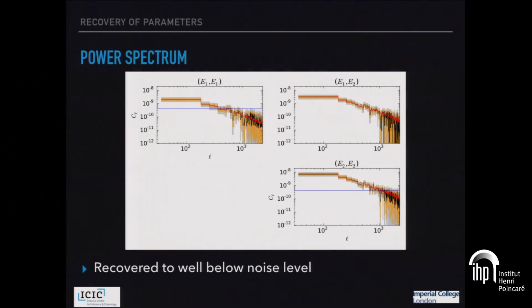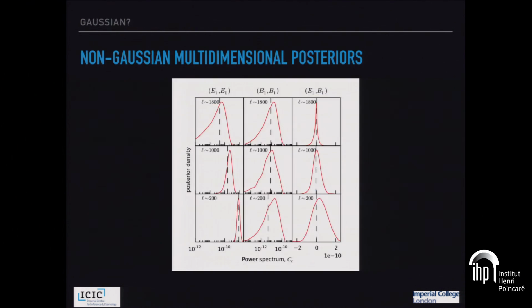This is the E mode for the two tomographic bins, and the cross E mode. And the truth is the red line, and the range of samples gives you the uncertainties. You can also calculate the posteriors for all sorts of things. We have a very high multidimensional posterior. You can post-process it in whatever way you like.